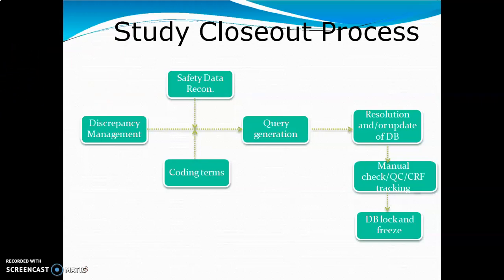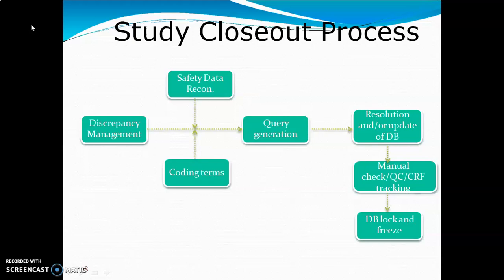Missing data or any discrepancies that we have seen should be clarified very neatly and refilled. Then safety data reconciliation is required. Whenever a serious adverse event is observed, you check whether the data entered in the clinical trial document and the drug safety report are the same, check any discrepancy, and weigh the safety and risk overall.